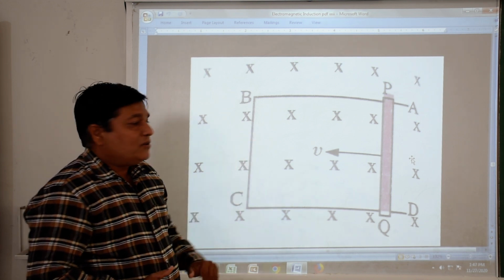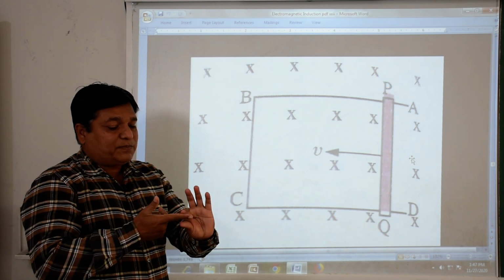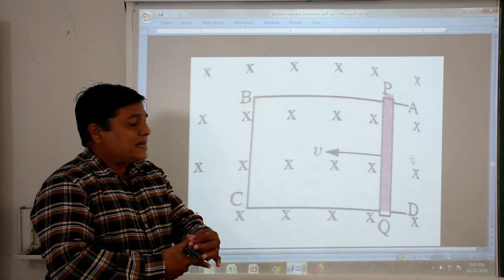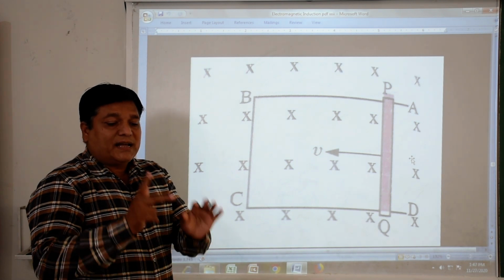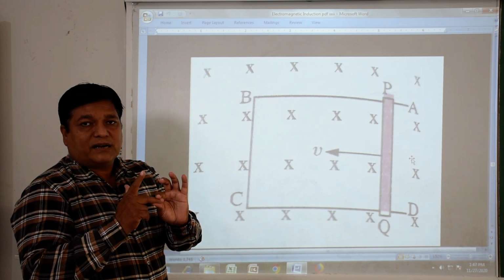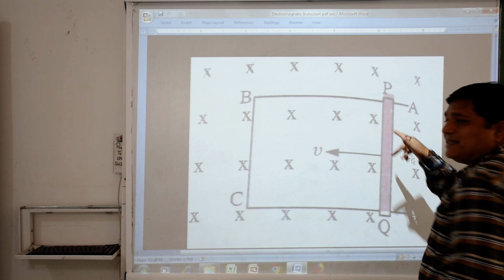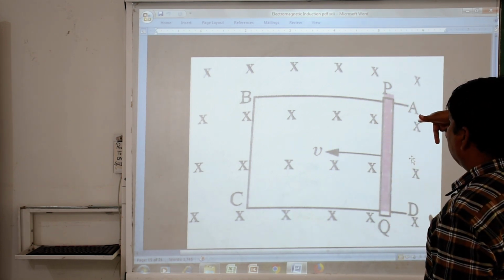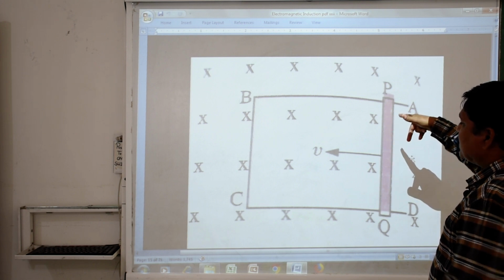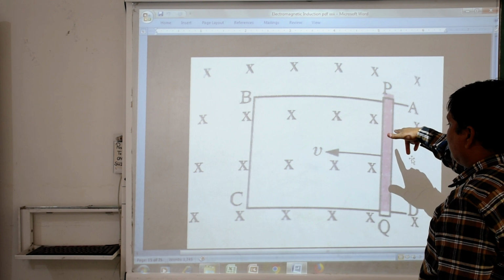If we use Fleming's right hand rule, the index finger shows the direction of magnetic field, the thumb shows the direction of motion of conductor, and the middle finger will show the direction of EMF or induced current. The direction of magnetic field is inward, so we keep our fingers like this, and the thumb shows the direction of motion of conductor.